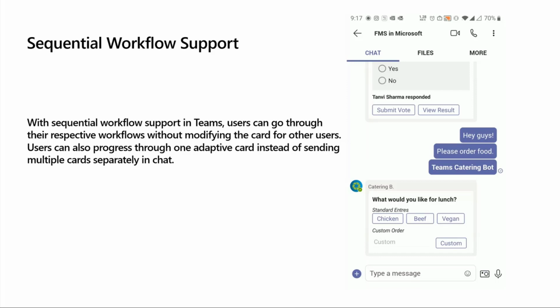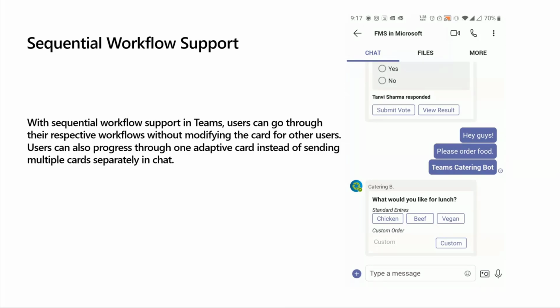So if you want to progress through a set of workflows, you would have to send one card after the other continuously, and it cannot be replaced, so it's clogging the chat essentially. So with Action.Execute, with the capability to actually replace the card in place, you can progress through a workflow within the same card.